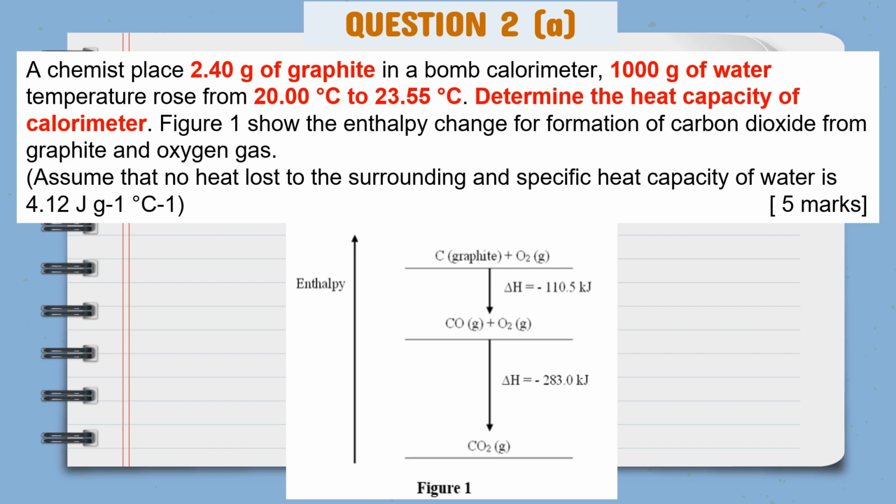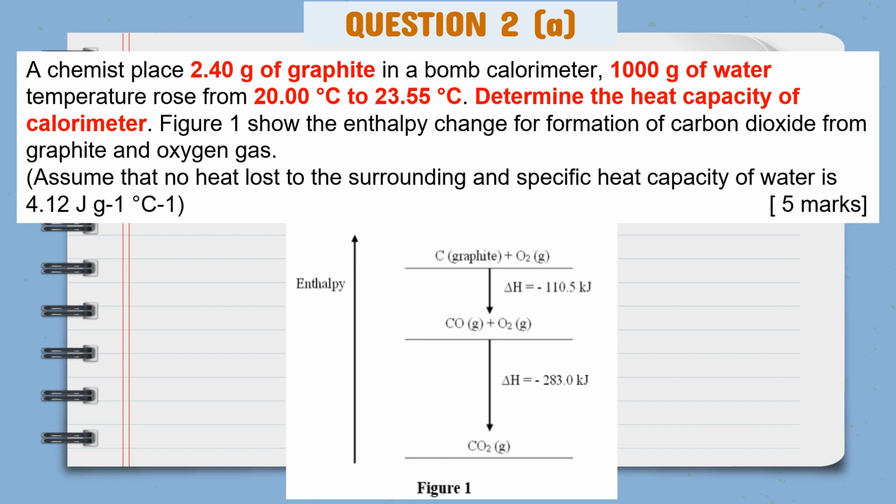Given here is question number 2A. It says that a chemist placed 2.40 gram graphite in the bomb calorimeter. 1000 gram of water temperature rose from 20.00 degrees Celsius to 23.55 degrees Celsius. The question asks us to determine the heat capacity of the calorimeter.